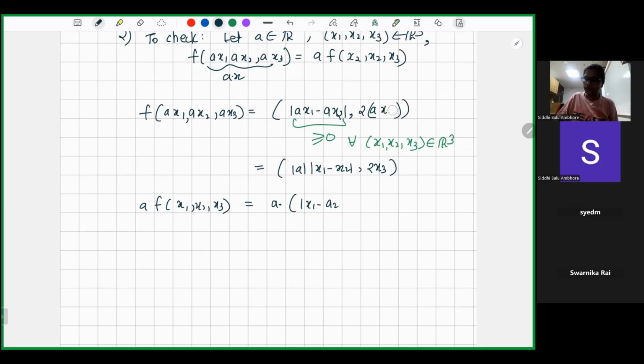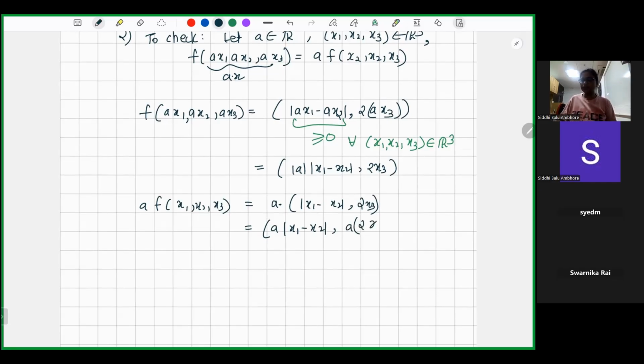That is okay. That's not a problem here. And here this is just a into mod x1, comma x2, comma 2x3, which is 2a into x3. That is okay.